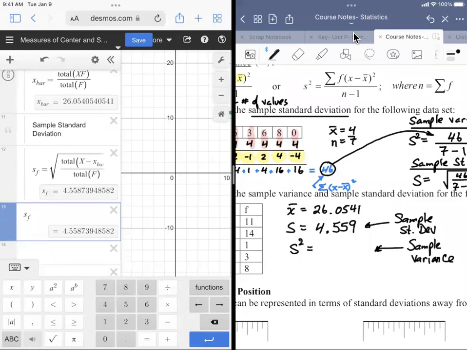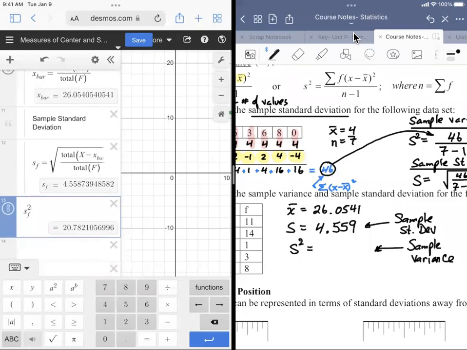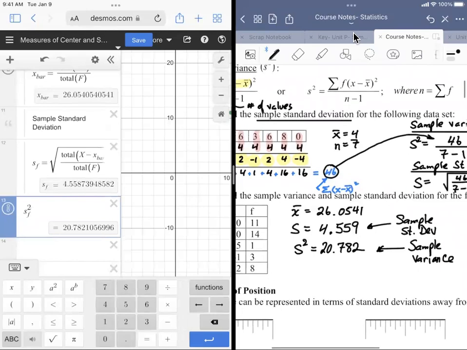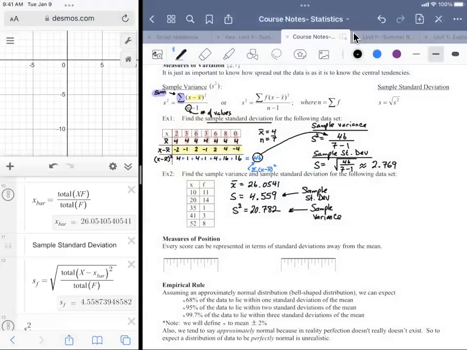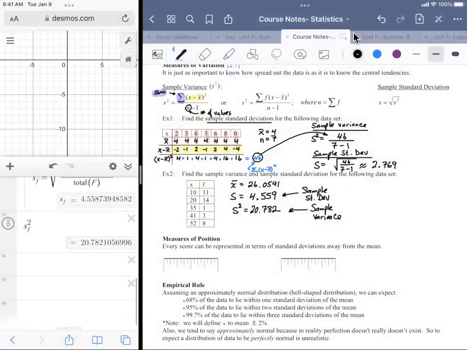So I know that I typed in something that's correct. I want to square this, so I'm going to raise it to the 2nd power, and that'll give me my sample variance. So 20.782. All right, 20.782 would be my sample variance. So you could go either way.